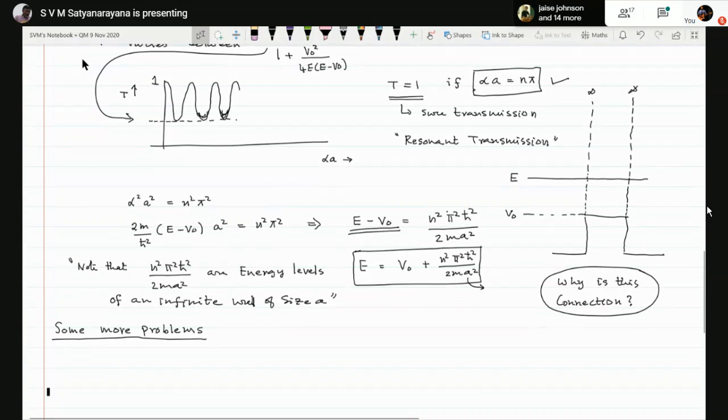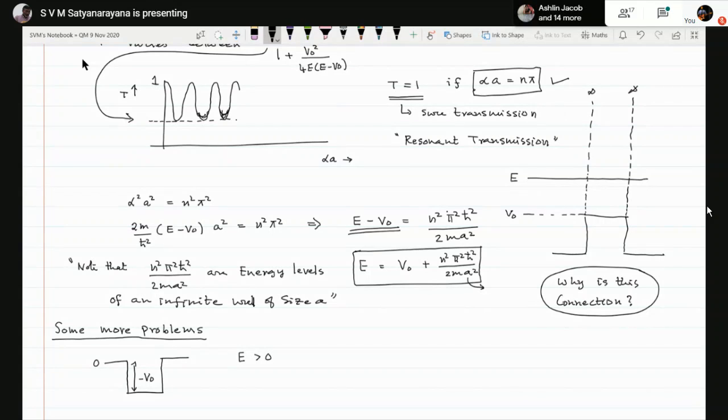That is, for example, let's say that you have a square well like this. Okay, so let's say this is 0 and this is minus V naught, and we are trying to ask, the energy of the particle is greater than 0. Now you can ask what is the transmission coefficient.